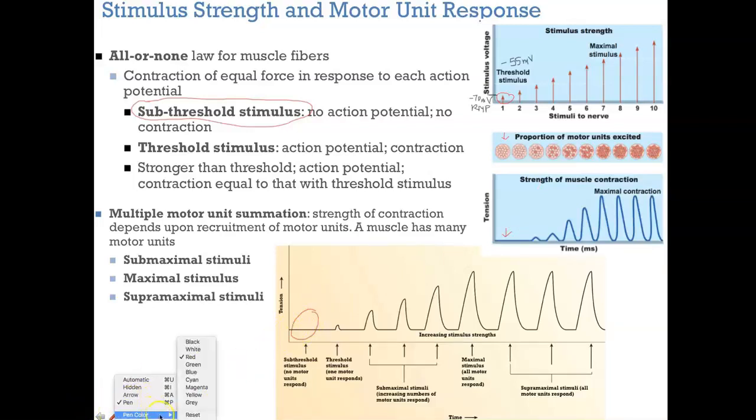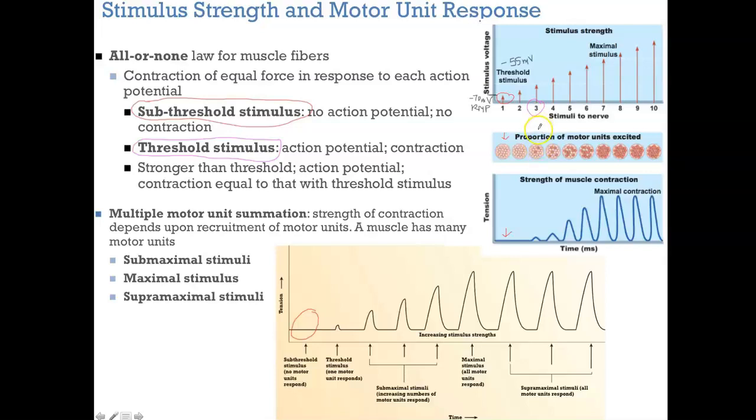When we get to our threshold stimulus, we get our action potential, and it's going to send that action potential along the sarcolemma of the muscle and cause contraction to take place. So that would be like number 3. I forgot to circle number 2 for our threshold stimulus there too. So we see that now we've got a motor unit fired.